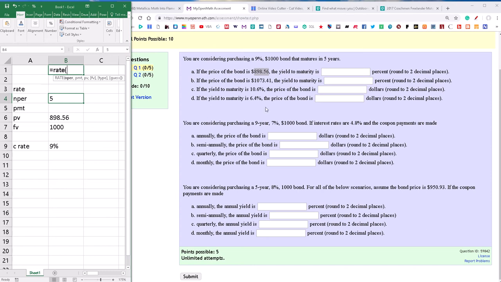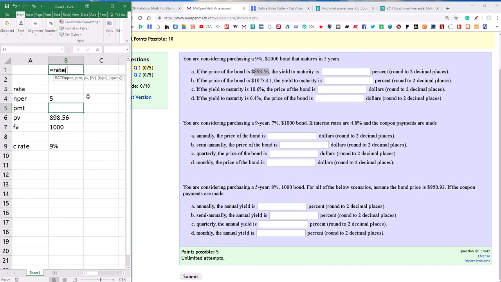I didn't tell you that it was compounded or payments are made monthly, semi-annually, quarterly, or annually. So if I don't give you annual, like I do down here, I give you annual, semi-annual, quarterly, and monthly. If I don't tell you that, just assume annual. So because they're annual payments, there's only 5 total payments because there's a payment every year.